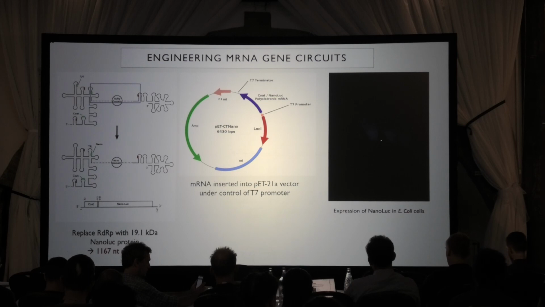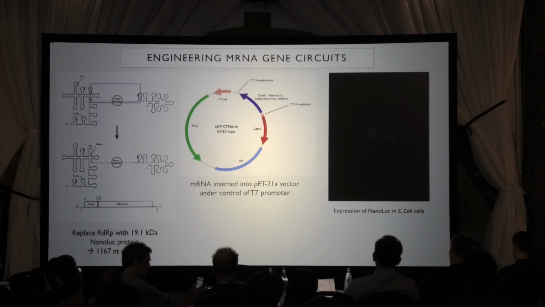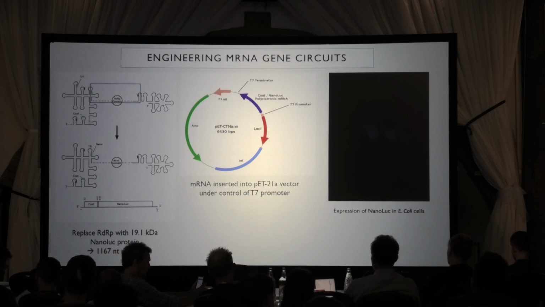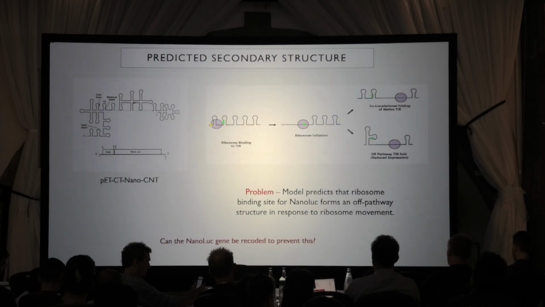The background's a bit dark here, but hopefully you can see that it expresses and it fluoresces at 460 nanometers. But the size of this is just about 1.1 kb, 1,000 nucleotides. So the messenger RNA just has the two genes, which should be coupled, hopefully.